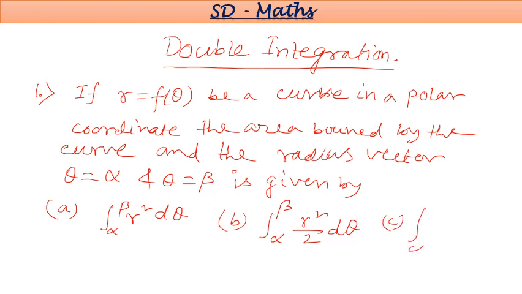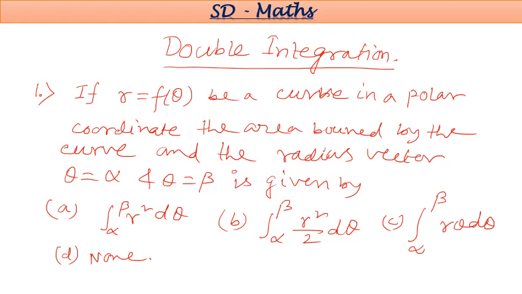Option C, integrate alpha to beta r theta d theta. And option D, none of these, right? So let's discuss it. How can I solve this problem, or what will be the right choice, the right answer?